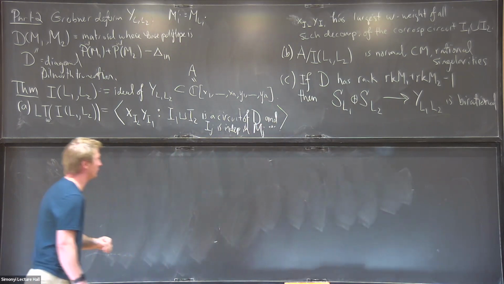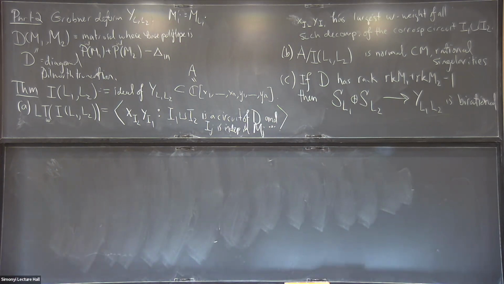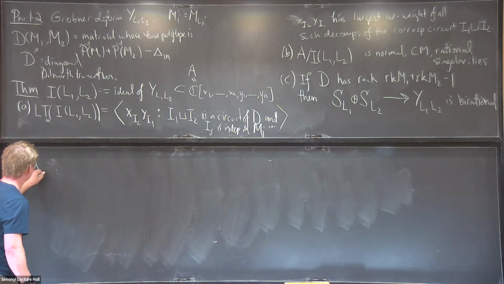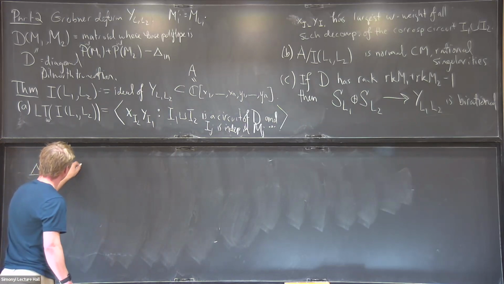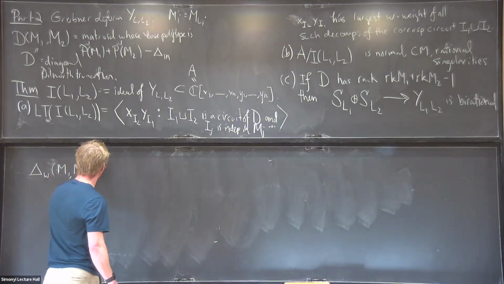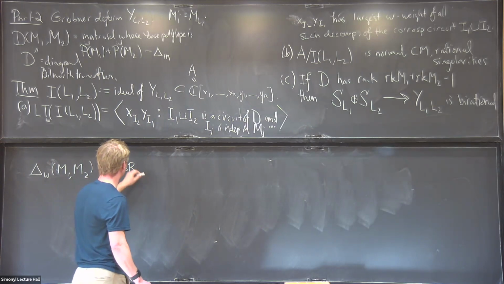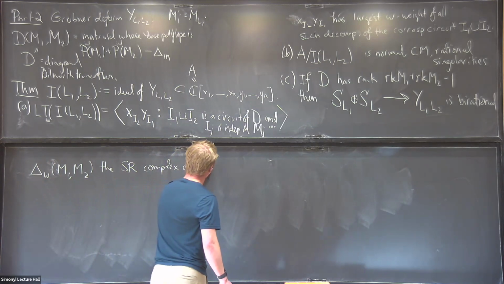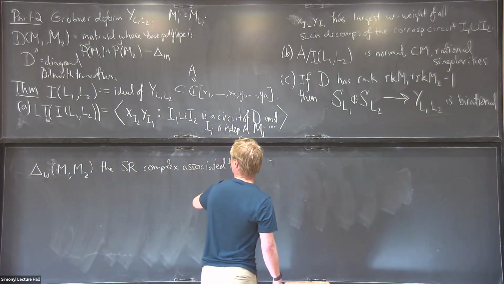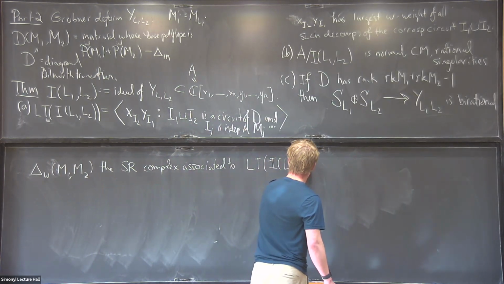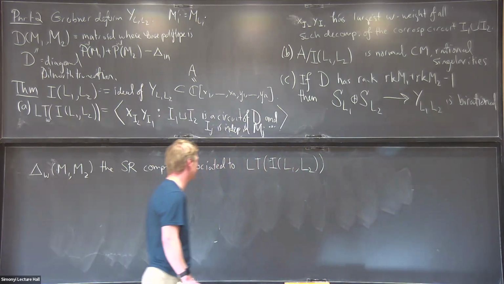Because this is a square-free monomial ideal, I can associate a simplicial complex to it. So Delta sub W of M1, M2 is going to be the Stanley-Reisner complex associated to the leading term ideal of I of L1, L2.